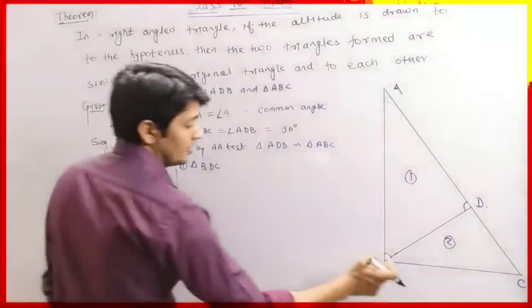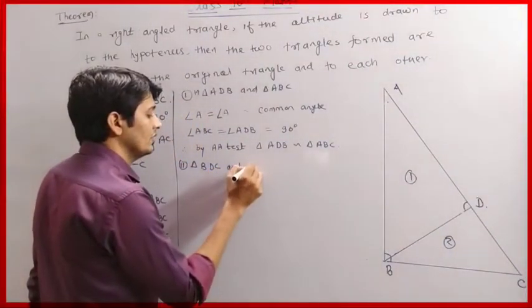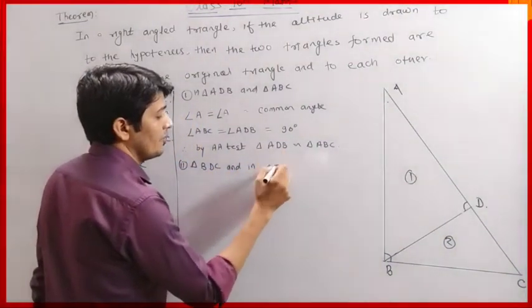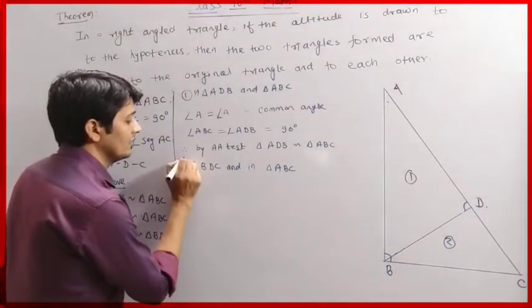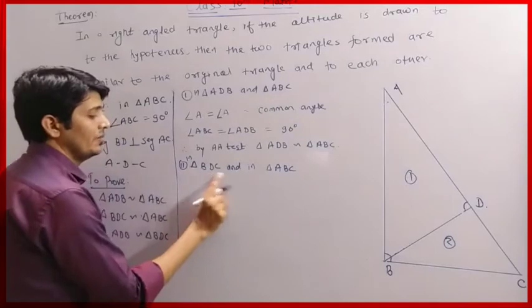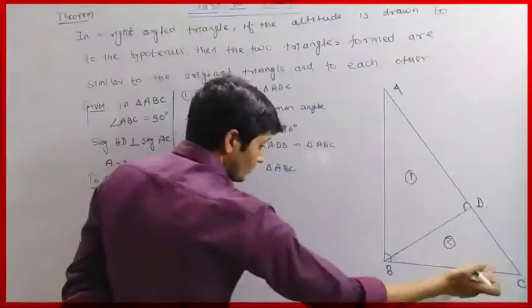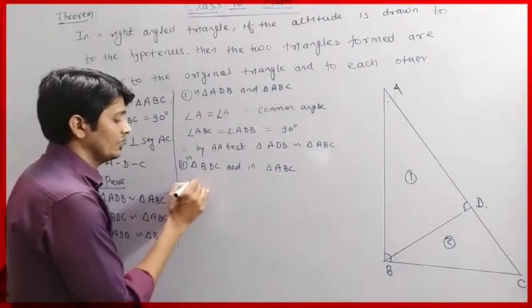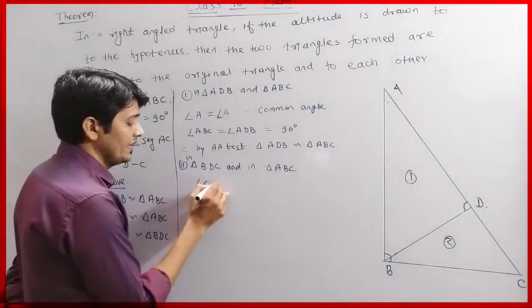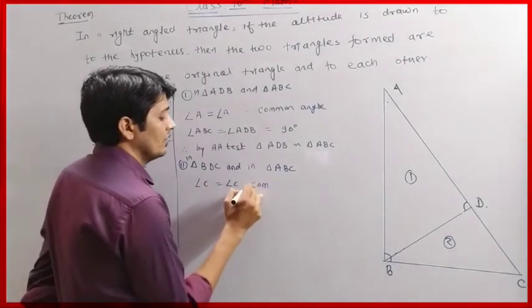Next, the second part is triangle BDC and triangle ABC. Again, in triangle BDC, the angle C is common to both triangles. Therefore angle C is equal to angle C, a common angle.